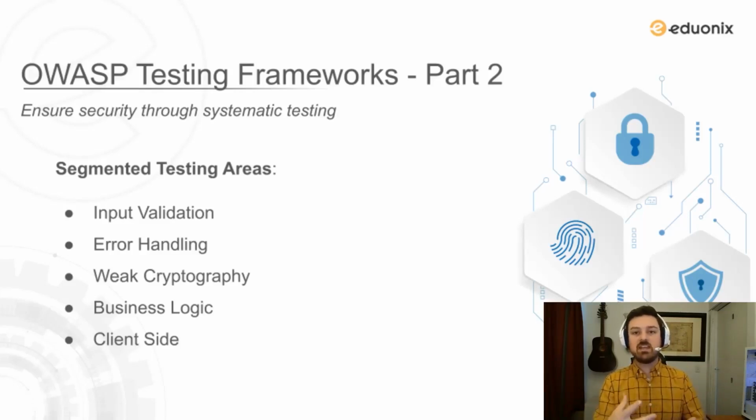So each of these categories focuses on specific vulnerabilities commonly seen in web applications and provides a methodical testing procedure to identify them. And so this OWASP testing guide and various cheat sheets that they have are really valuable resources that OWASP has created for testers.